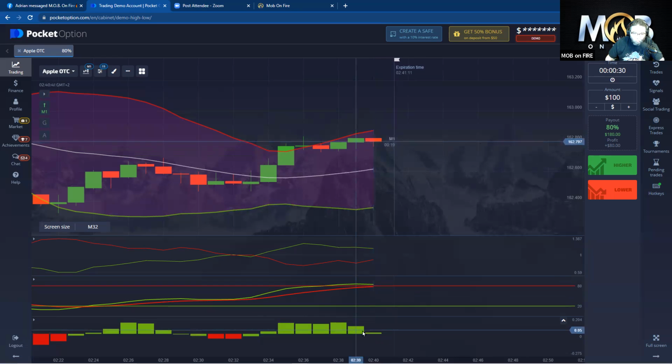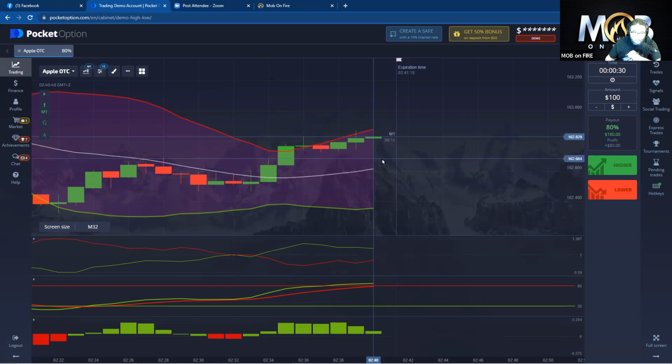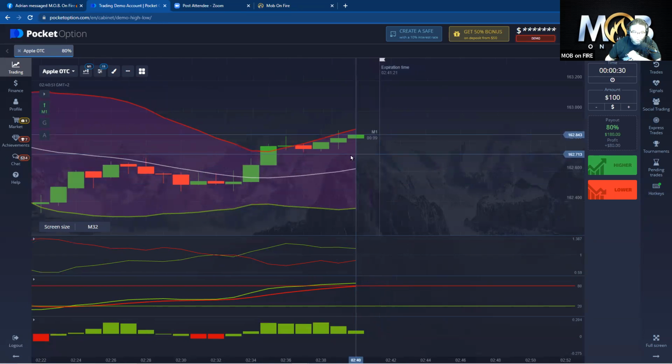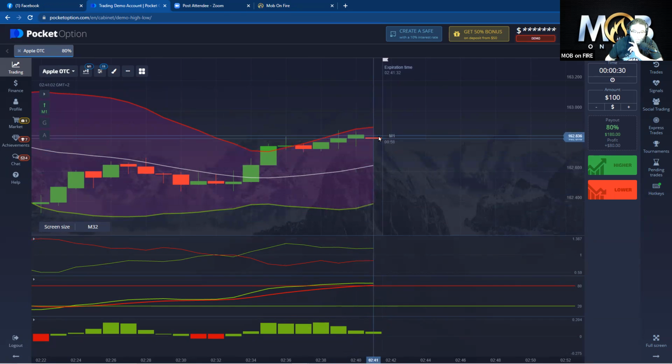Your volume is dwindling down from the buying side, which indicates that the move is about to come. So we're going to wait for the right situation. Now it's separating again over here, going outside of the 80. So we're going to continue to wait for the right situation.